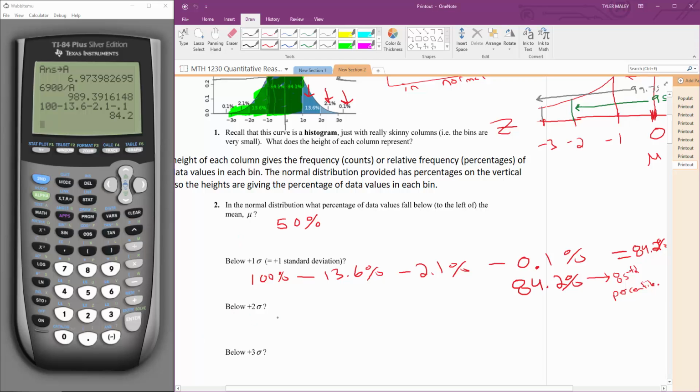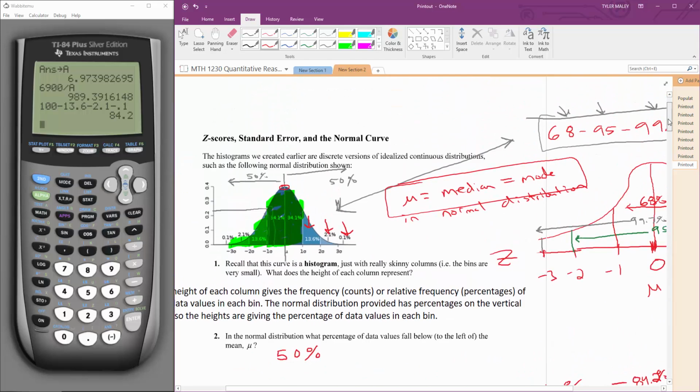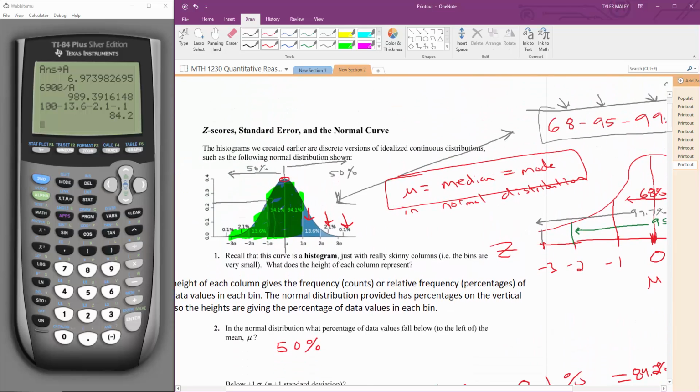If you look at below plus 2 sigma, it'll be similar. We could still do 100% minus, but we're not going to subtract all these parts. So we want values that are below 2 sigma, everything to the left of here.